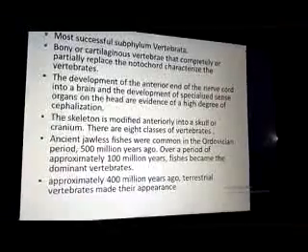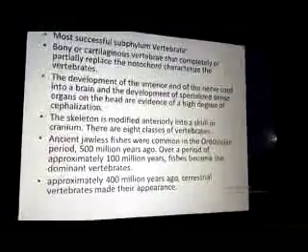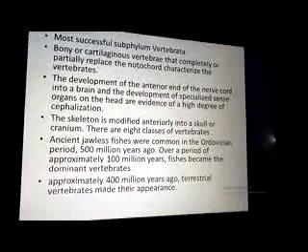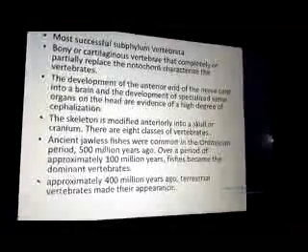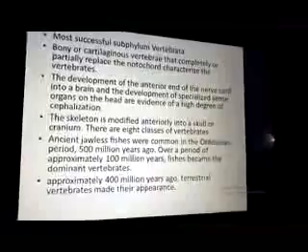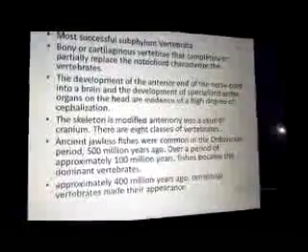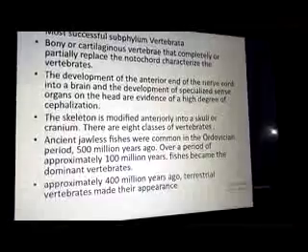Over a period of approximately 100 million years, fishes became the dominant vertebrates on the earth. Approximately 400 million years ago, terrestrial vertebrates appeared on the earth.